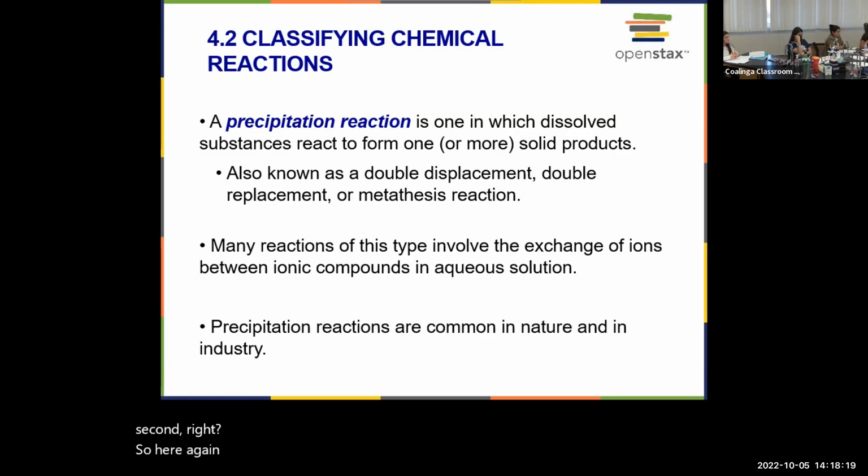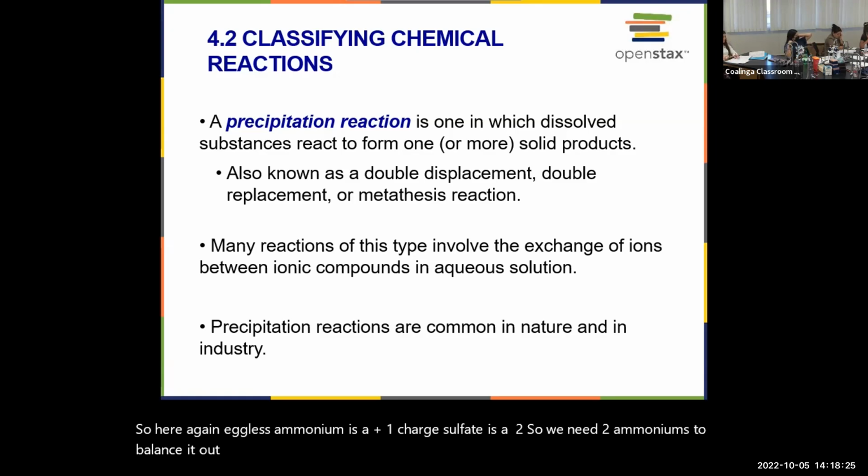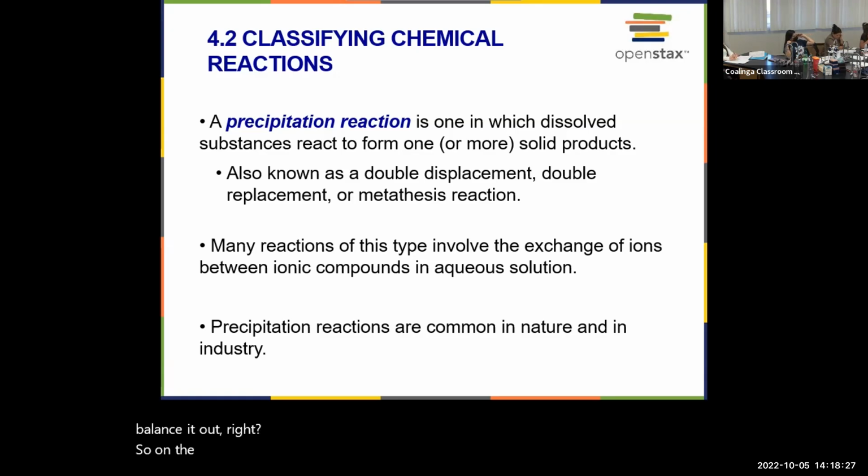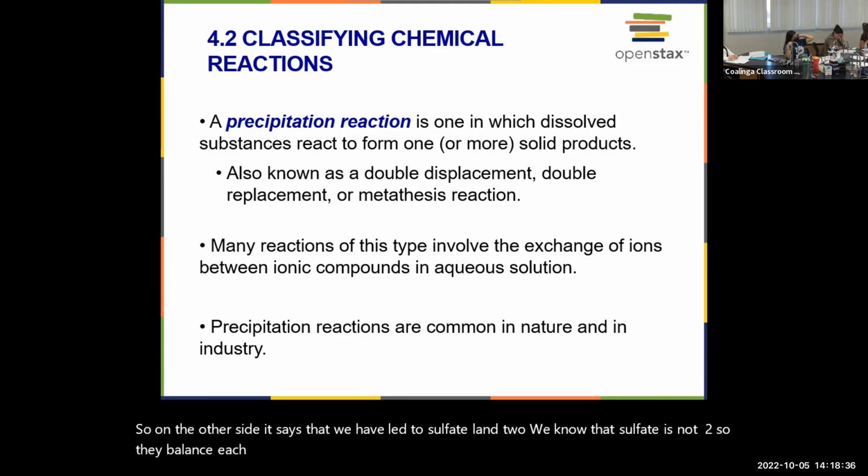Ammonium is a +1 charge, sulfate is a -2. So we need 2 ammoniums to balance it out. On the other side, we have lead II sulfate. Well, lead 2, we know that sulfate is a -2, so they balance each other out perfectly. And then we have ammonium nitrate. Ammonium is a +1, nitrate is a -1, they balance each other out perfectly.